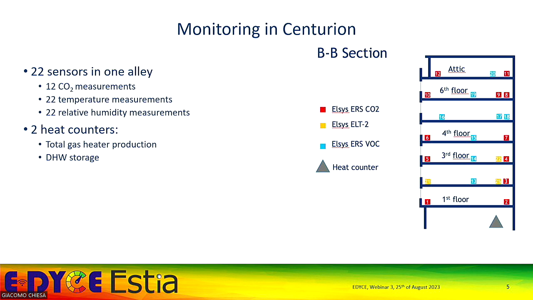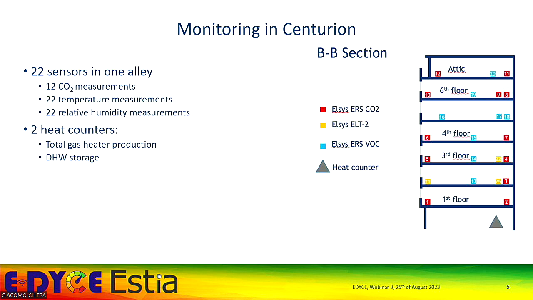The red squares are the CO2 sensors, and all the other squares are measuring temperature and humidity, and the blue ones are also measuring VOC, although we realized later that this is something that we used definitely less in the analysis. And there are 2 heat counters, but for the whole building, not only the alley: one for the total heat production, and another one that counts the heat for the domestic hot water storage.